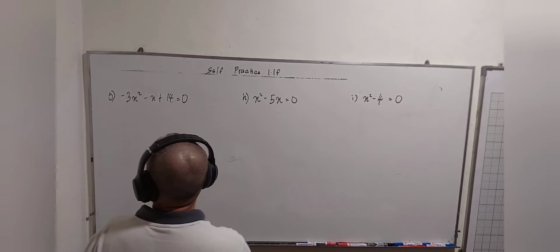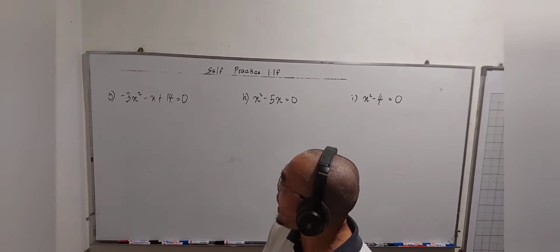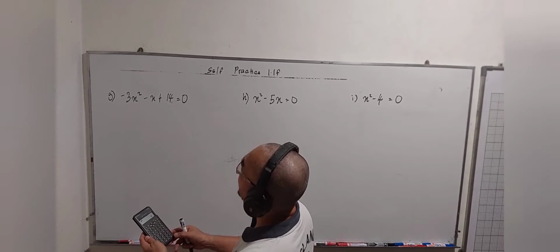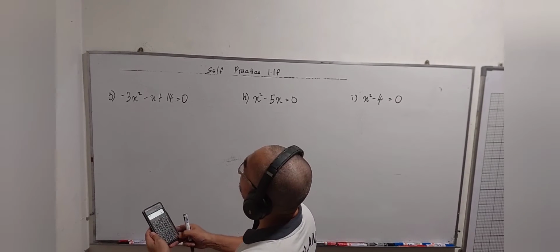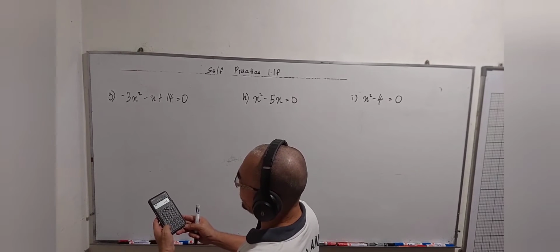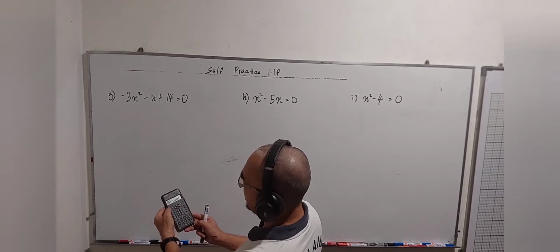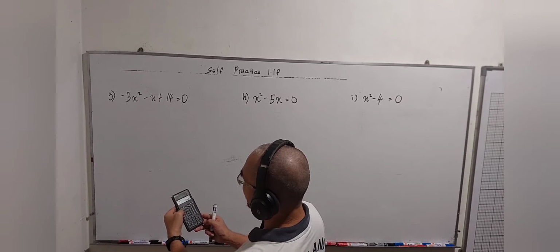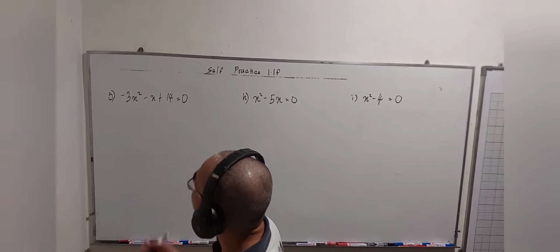Okay, question G, negative 3x squared minus x plus 14. It means A is negative 3, B is negative 1, and C is 14. Then it's a fraction form. Shift ABC, you will get negative 7 over 3.